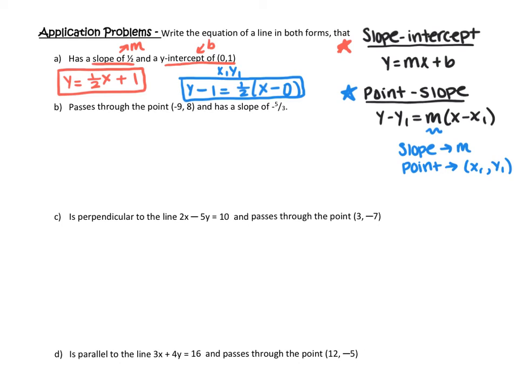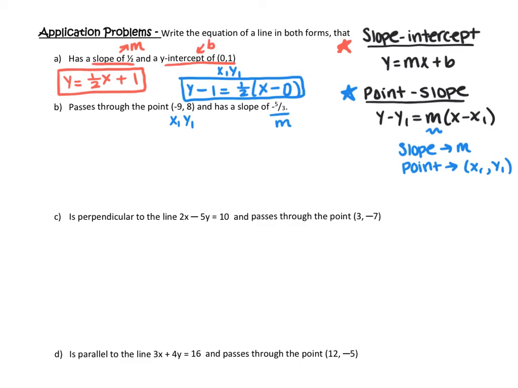Okay, next, write the equation of a line in both forms that passes through this point and has this slope. So right away, I'm thinking point slope form would be easier because it's giving you a point and a slope. So for my point, I will label this as x1, y1, and as my slope, I will label that as m.